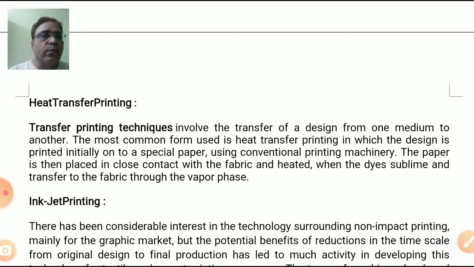But the point here is that if we use synthetic materials, then only disperse dyes are used to make prints on the fabric, and we can only use synthetic materials like polyester, nylon, acrylic, etc.